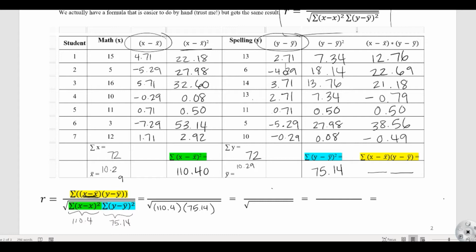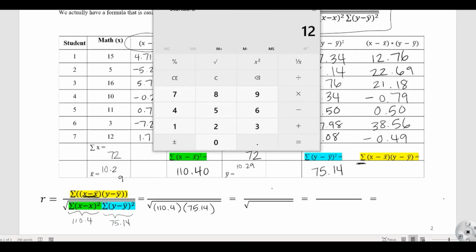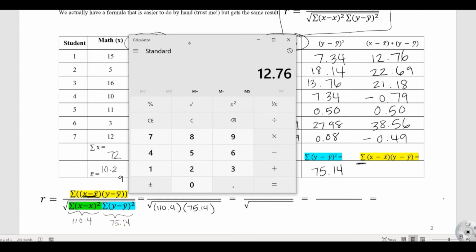Okay, now we've got these, we need to add them up because that's what that symbol means. All right, let's take these guys out here. So 12.76 plus 22.69 plus 21.18 minus 0.79, because the minus there, plus 0.5 plus 38.56 minus 0.49.